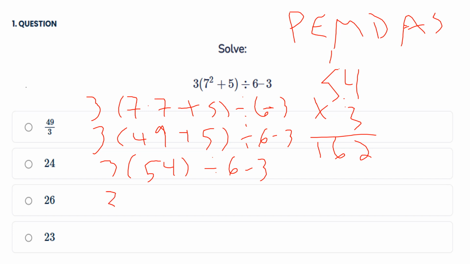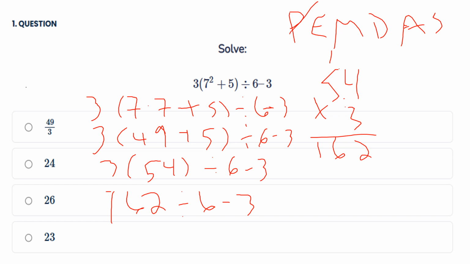So we have 162 divided by 6 minus 3. All right, so we finally got rid of that parentheses.